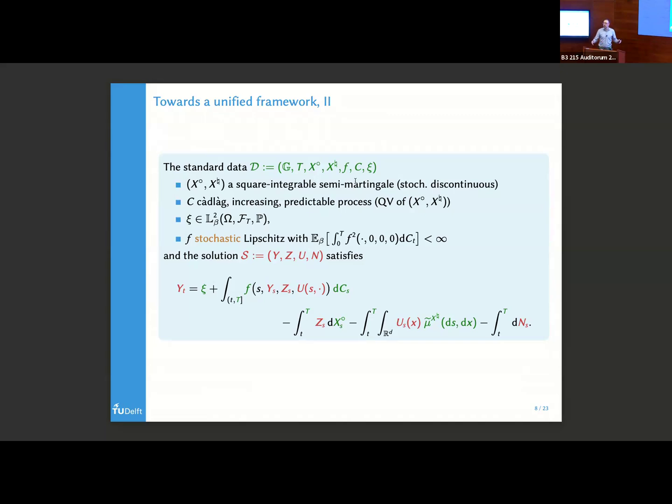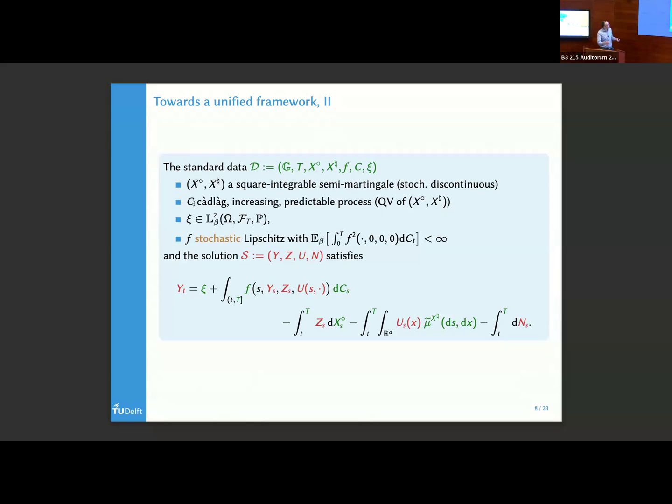So we have discrete and continuous processes in one go. And this X with this circle will correspond to whatever will be, in the limit, a continuous martingale. This X hash will correspond to everything that will be a pure jump martingale in the limit. But of course, in the discrete time setting, they are both pure jump martingales. That cannot be anything else.